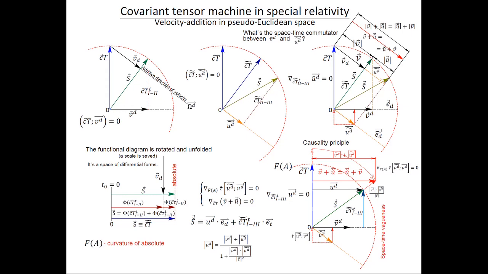The actual velocity of the third frame is u wave d, upper index. Its velocity is relative to the second frame. What is the actual velocity of the third frame relative to the first frame, u d upper index?